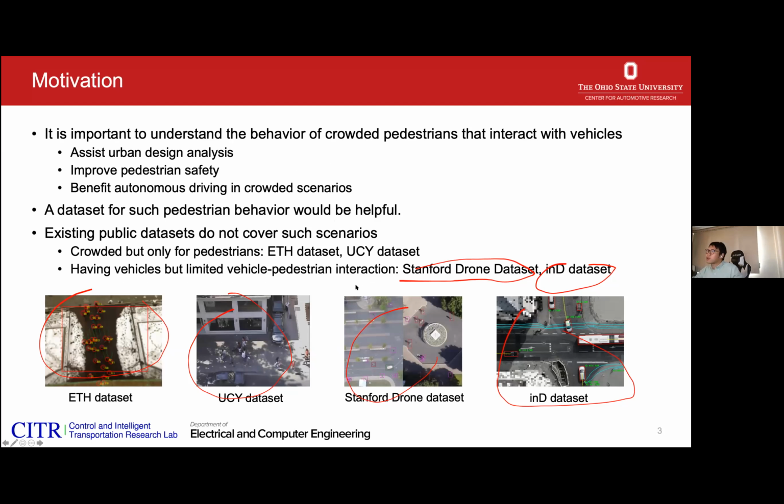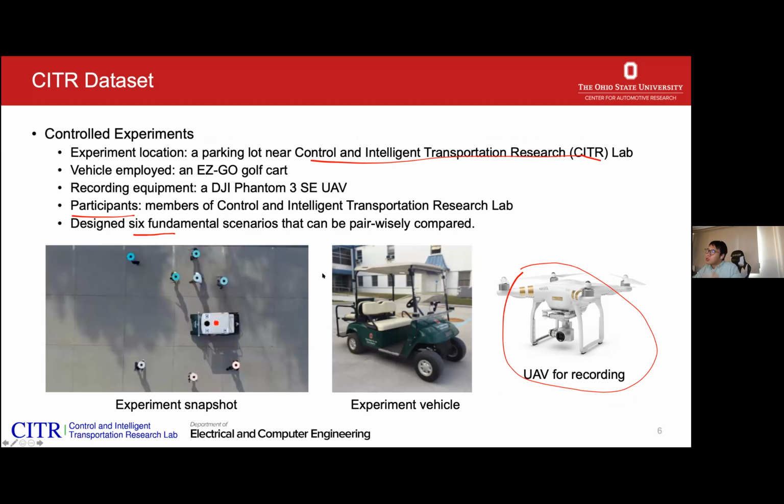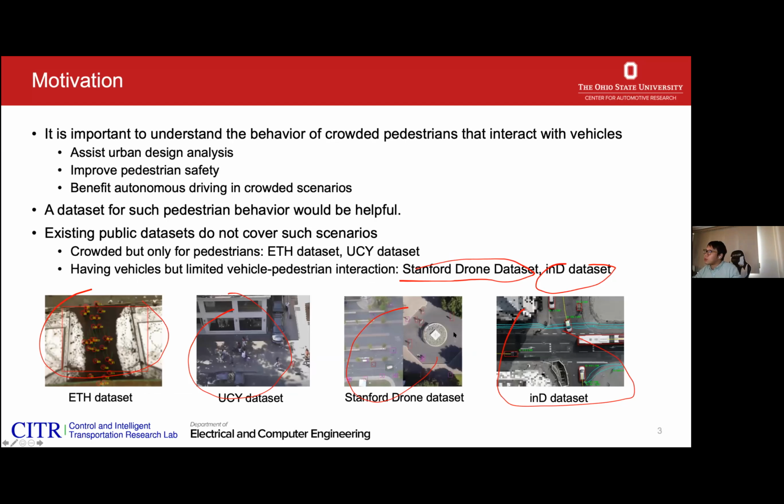So the focus of this dataset is, first of all, the vehicle interaction. And this is a vehicle interaction with multiple pedestrians, I mean lots of pedestrians, not just one or two. As you may notice, this is a very small figure. In the Stanford drone dataset, there is some vehicle-pedestrian interaction, but only one or two pedestrians are interacting with a vehicle.